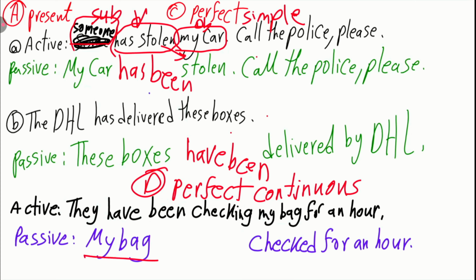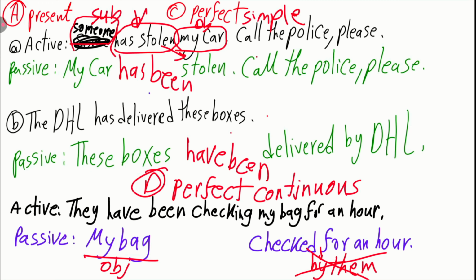The object is taken to the beginning of the sentence. The subject here is not important. That's why I didn't write by them. If I want, I can write by them. If I want to keep it, I keep it. If I don't want to, I can omit it. As you see, my friends.